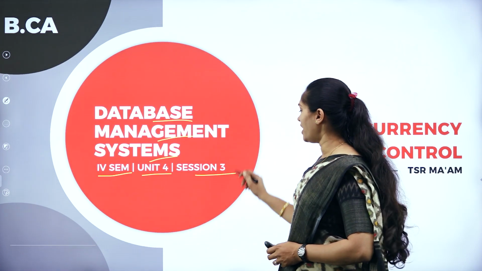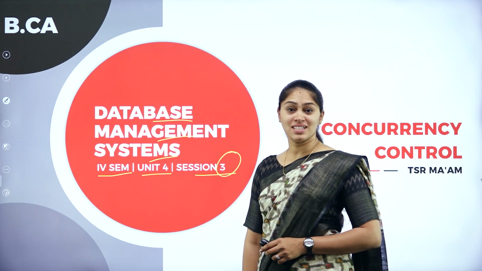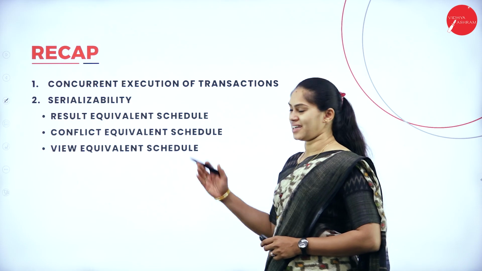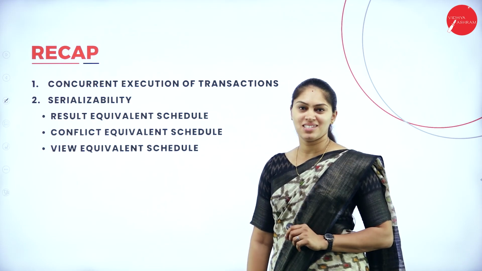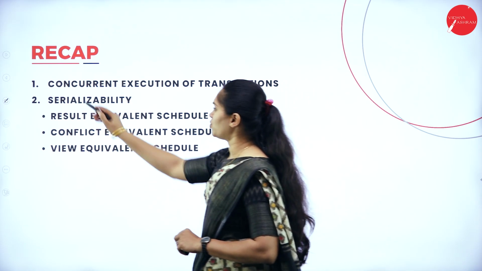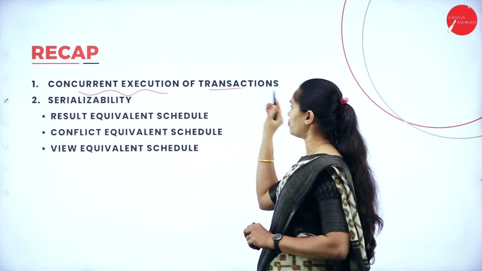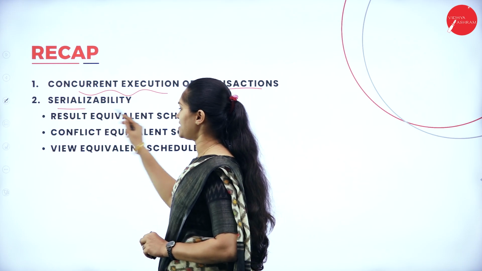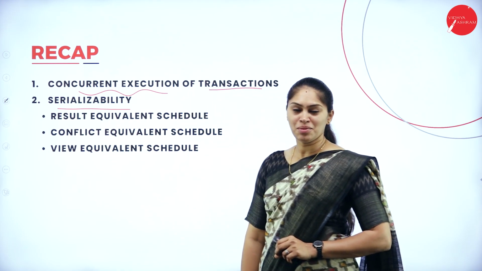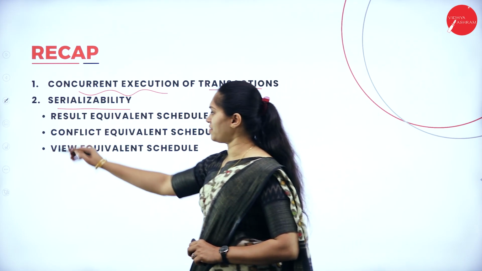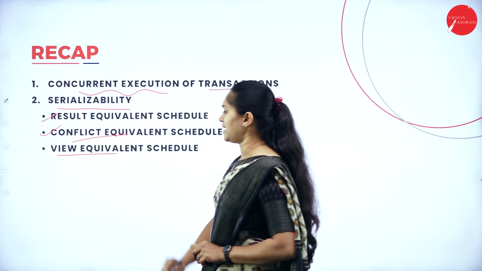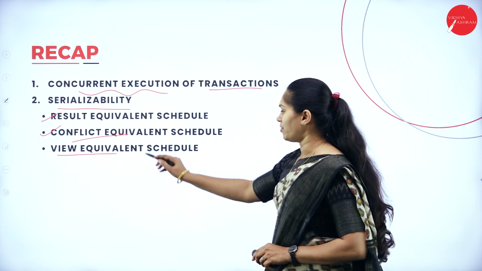So before getting into today's session 3 about concurrency control, let me just recall the previous content. In the recap of the previous session, we got to know what we mean by concurrent execution of a transaction. In order to maintain that, we have serializability, and under the types of this serializability, we have result equivalent schedule, conflict equivalent schedule, and at last we have view equivalent schedule.